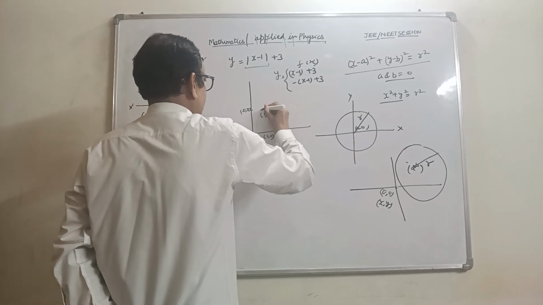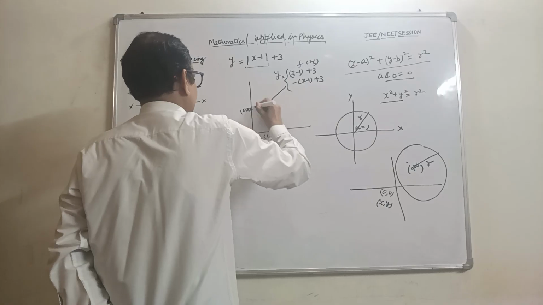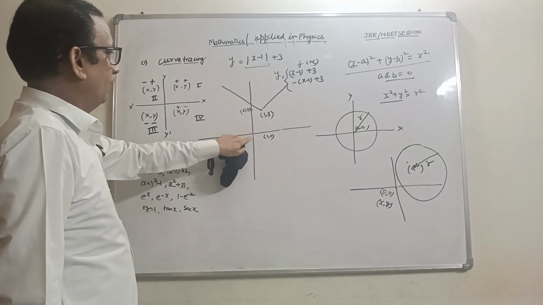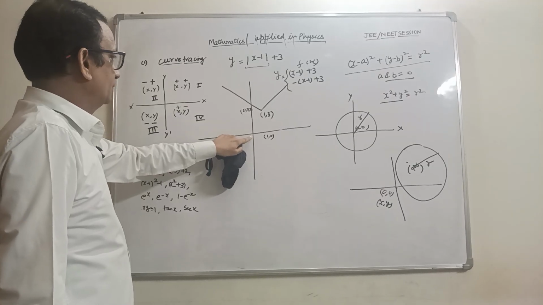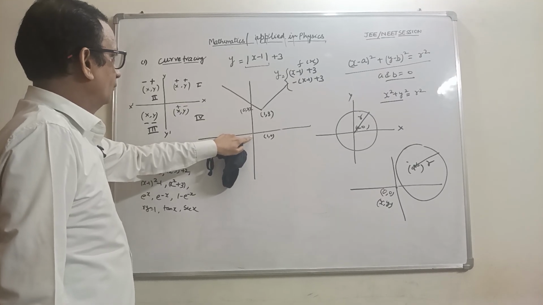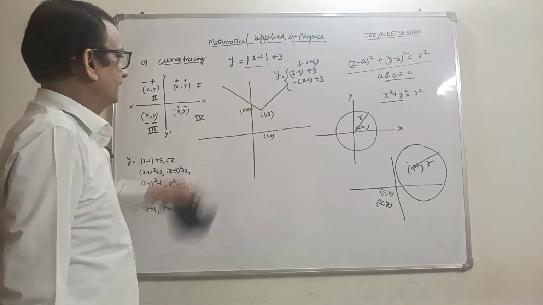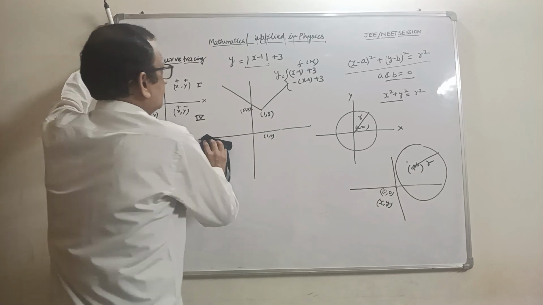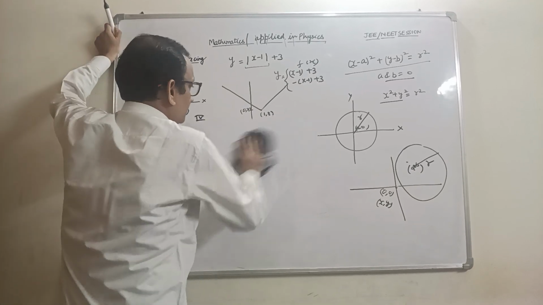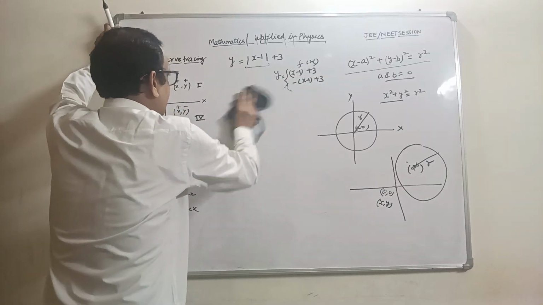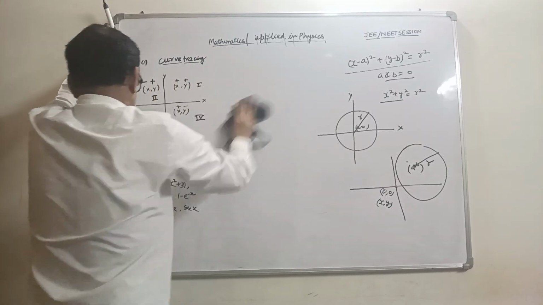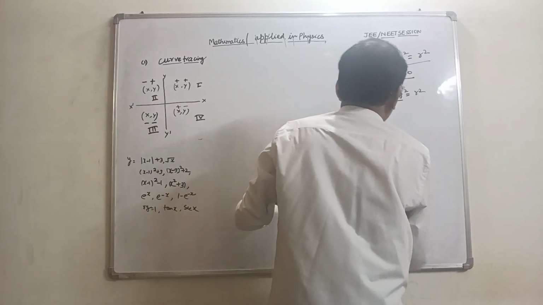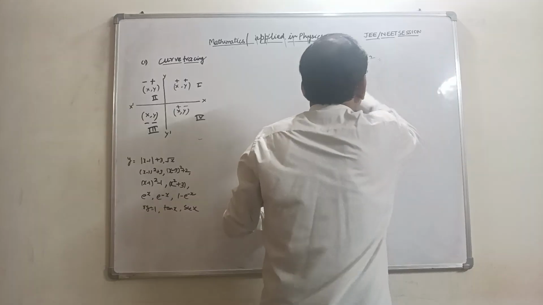So this curve would be like this. The origin 0, 0 would be shifted here. And to understand another problem clearly, I draw another graph here for more clarification.